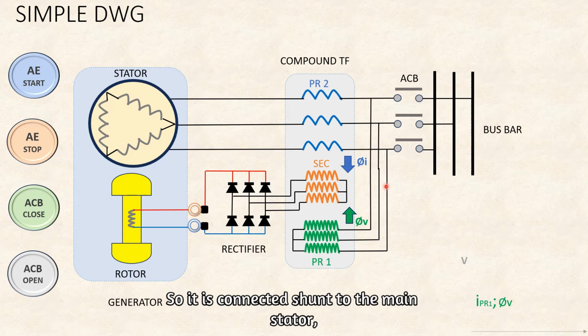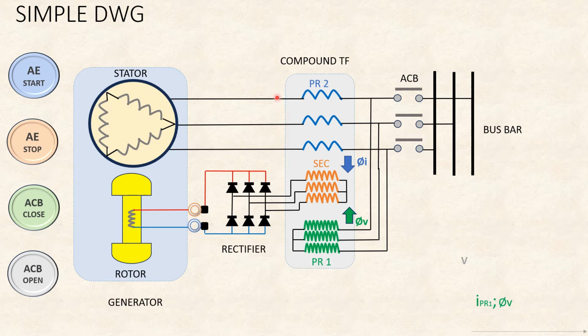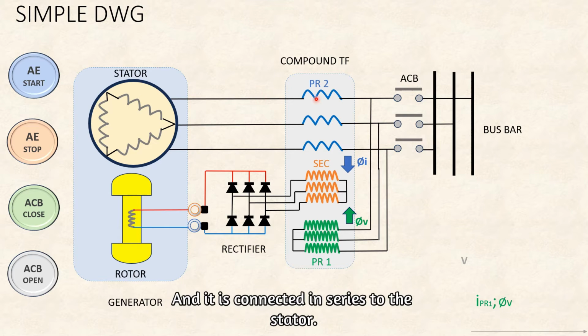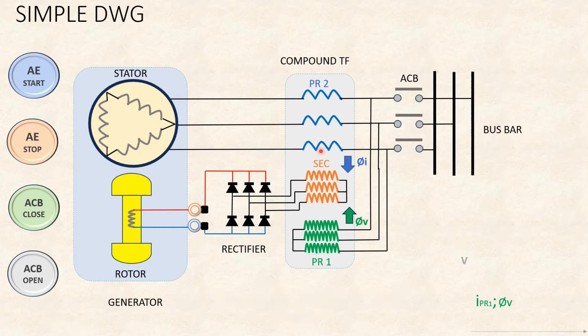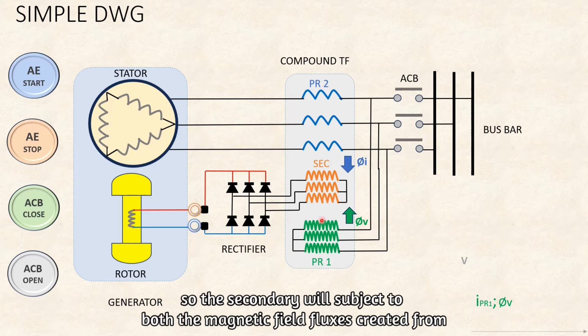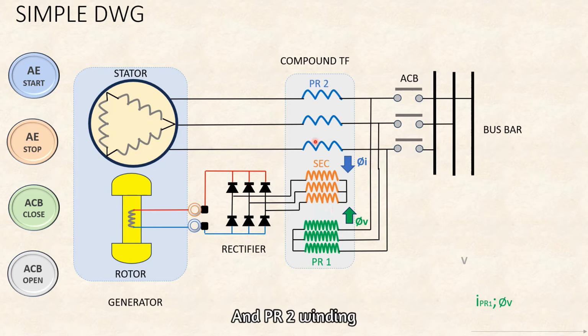Whilst the PR2 winding is connected in series to the stator output. So the secondary is subject to the magnetic flux created by both the PR1 winding and the PR2 winding.